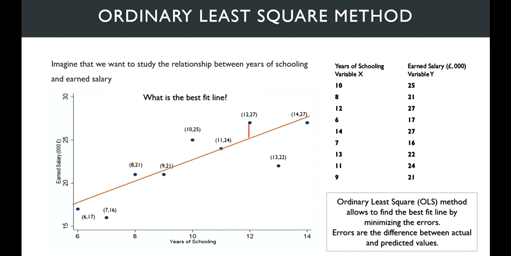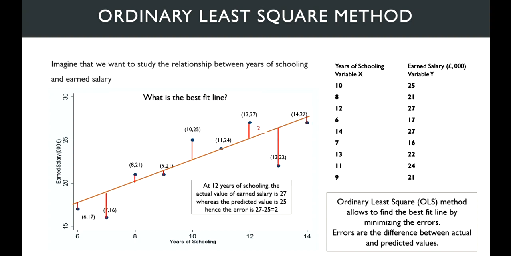So that's why we refer to it as the error. Likewise, we have errors which correspond to the other data points as well. And of course, we can quantify them because the errors are simply the difference between the actual and the predicted values for the y variable which lie on the regression line.